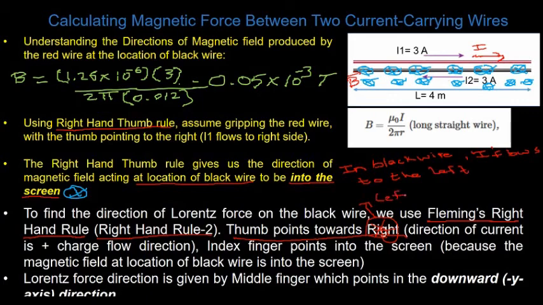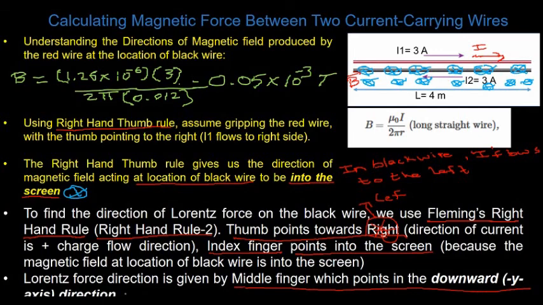The thumb should point to the left, and the index finger, which denotes the magnetic field at the location of the black wire, should point into the screen. When we do that, we see that the middle finger points along the negative y-axis.